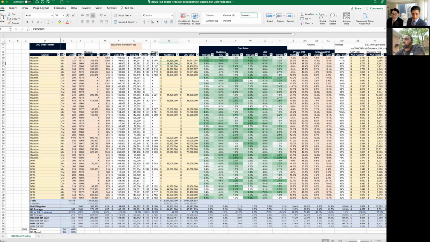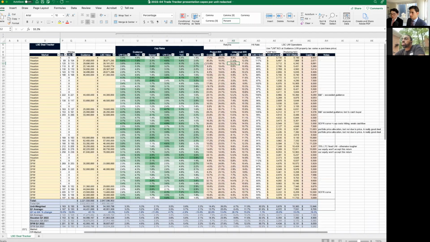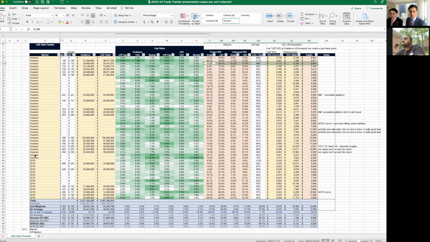And then the underwritten NOI per unit, both going in unstabilized, which supports the cap rate calculation, but is also just an interesting metric. And then capex, obviously, for each deal gives you a sense of what the capital needs are, and maybe what kinds of plans you're looking at. If it's higher, it's going to be a riskier plan doing more. If it's lower, it will be a more conservative plan doing less.